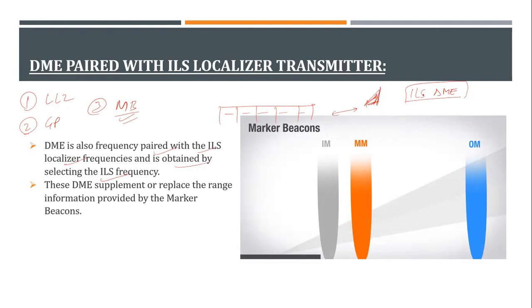But when you're using your ILS DME, why do you have to specify that you're using the ILS DME? Correct. But can't I say 25 nautical miles inbound? Why can't I just say that? Why do I have to say ILS DME?